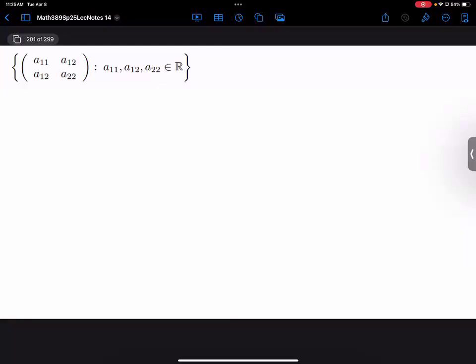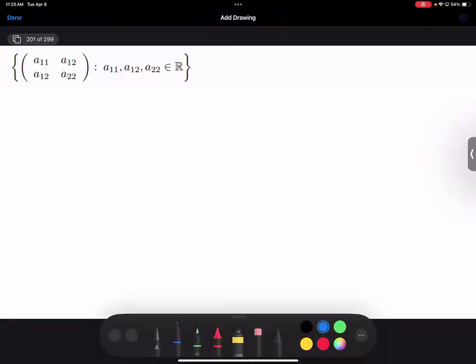And then you can always ask where you want to choose the entries. Here we're choosing the entries to be real numbers. And you might notice that we are forcing the matrices to be real symmetric, as A12 equals A21. So this is not the most general 2x2 matrix. What nice properties do real symmetric matrices have?